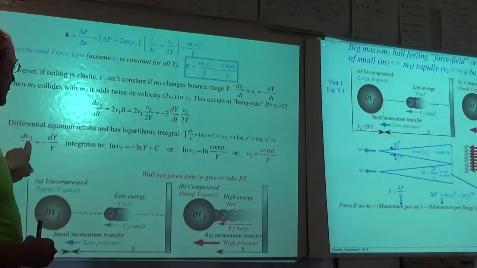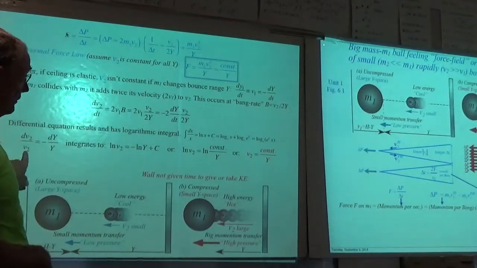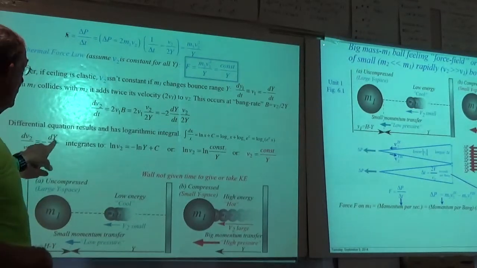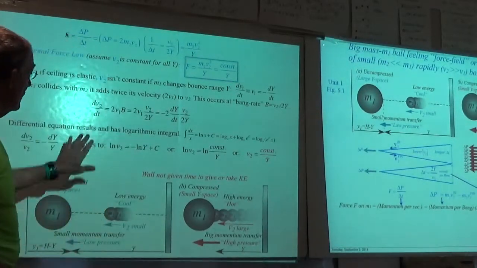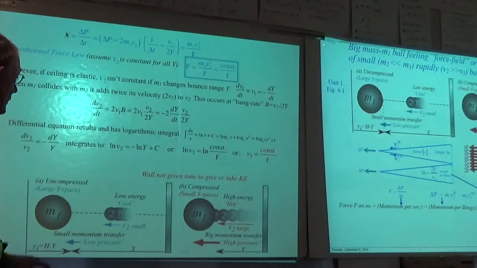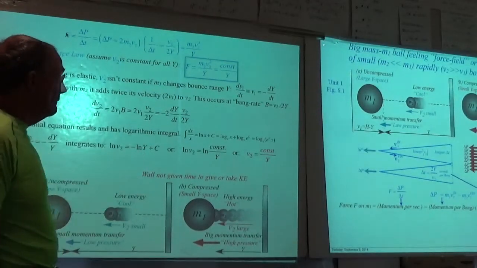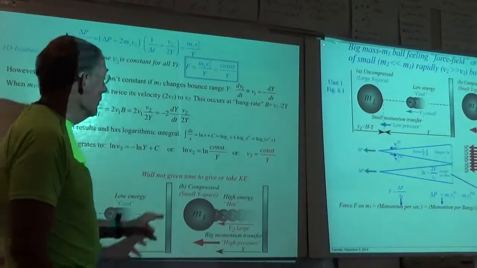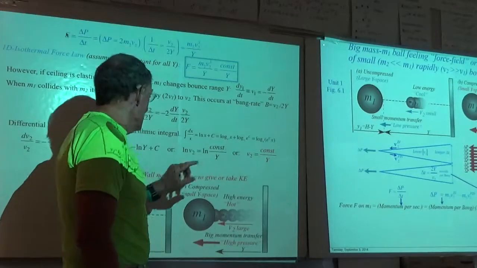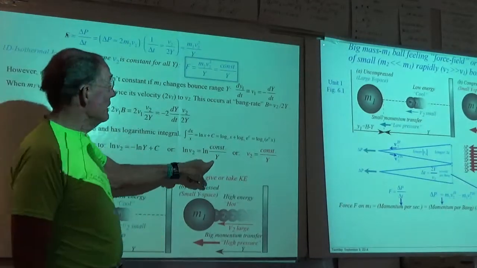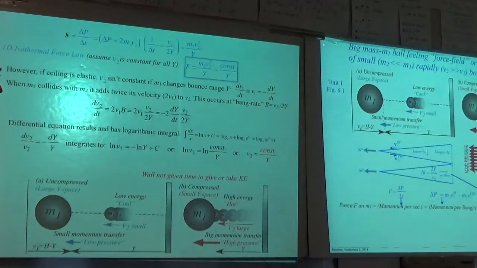I have a differential equation here, dv sub 2 divided by v sub 2 is equal to minus dy over y. That's what results here if I just take away the dt, basically. This integrates to a logarithm of v2 is minus a logarithm of y plus some constant. Or another way to say it is logarithm of v2 is equal to logarithm of constant over y. This is the logarithmic property. And then we have our v2 is equal to a constant over y.